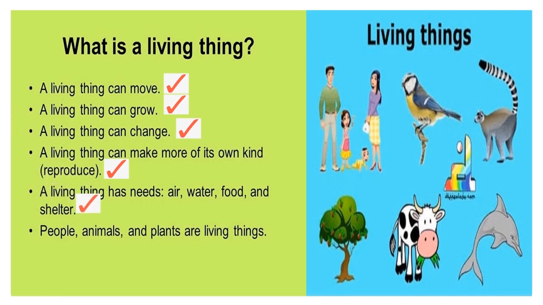The next one, a living thing needs air, water, food, and shelter. And the last one, people, animals, and plants are living things.